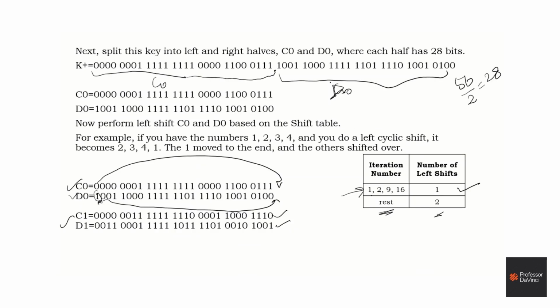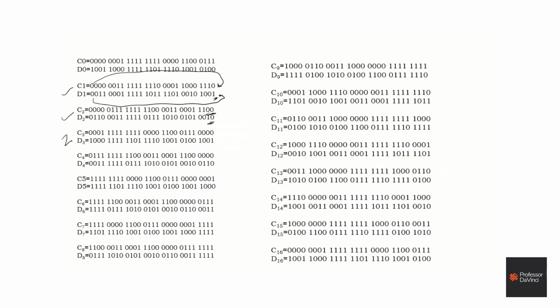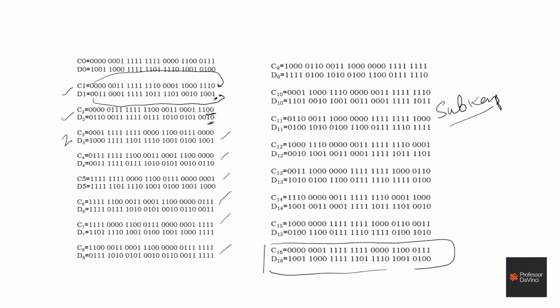The first, second, 9th and 16th iterations are 1-bit circular left shifts, and the rest are 2-bit circular shifts. Based on that we yield all the iteration results until C16 and D16. These give the subkeys: for 16 rounds we got 16 subkeys.